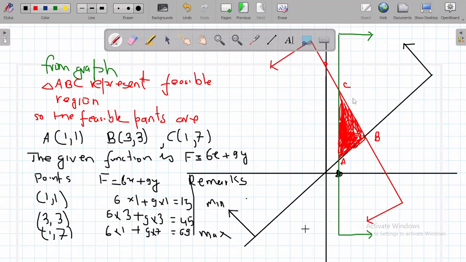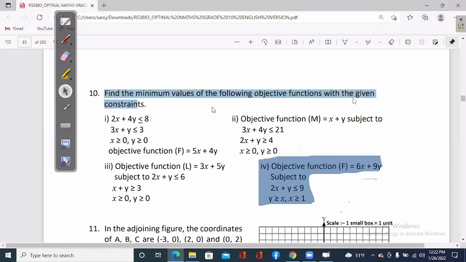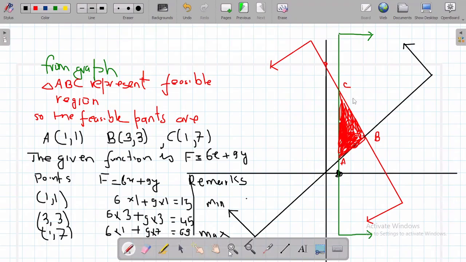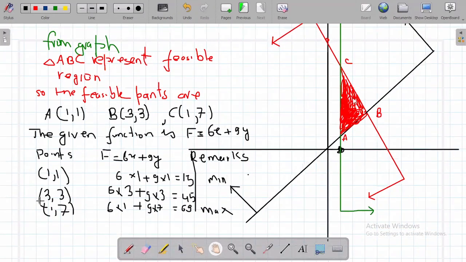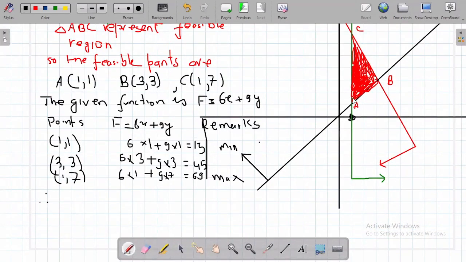So now what is the question asking? The question asks to maximize. Sorry, minimize. So now minimize means at last you can write the conclusion. Therefore, the minimum value is 15.